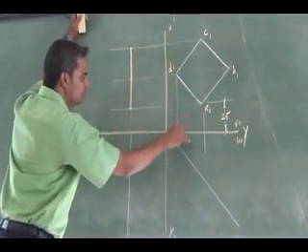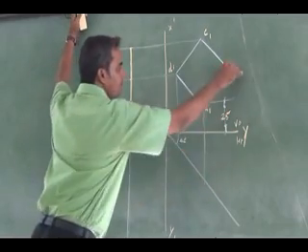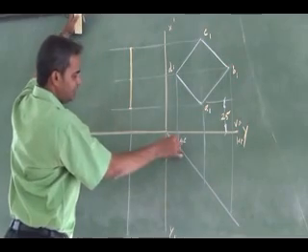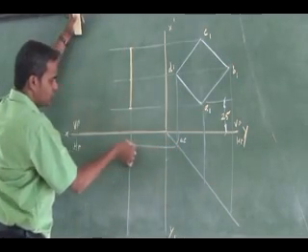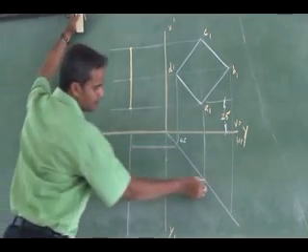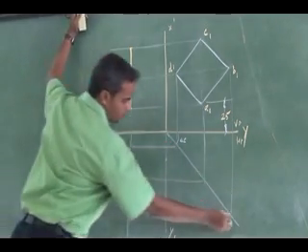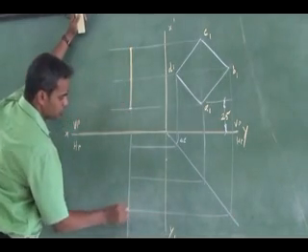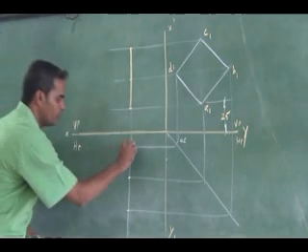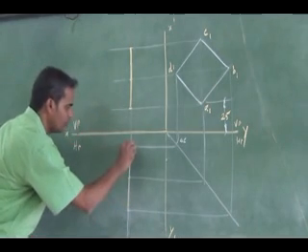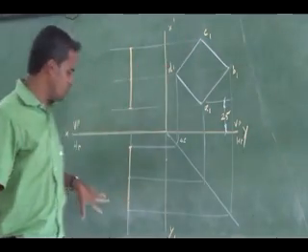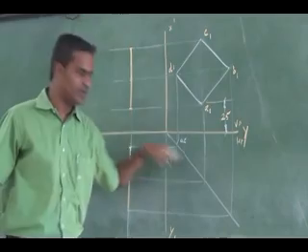So I can draw a projector from the side view to the 45-degree line, so that the details can be horizontally transferred to the projector. This detail is nothing but my final front view length. Is it clear? So the front and side views and the top view get linked with a 45-degree line.